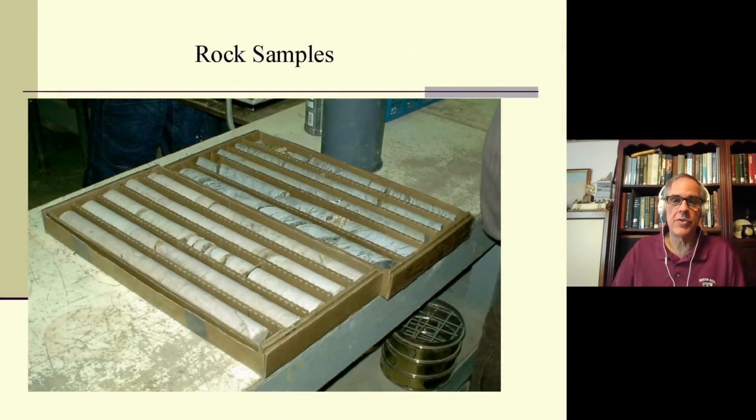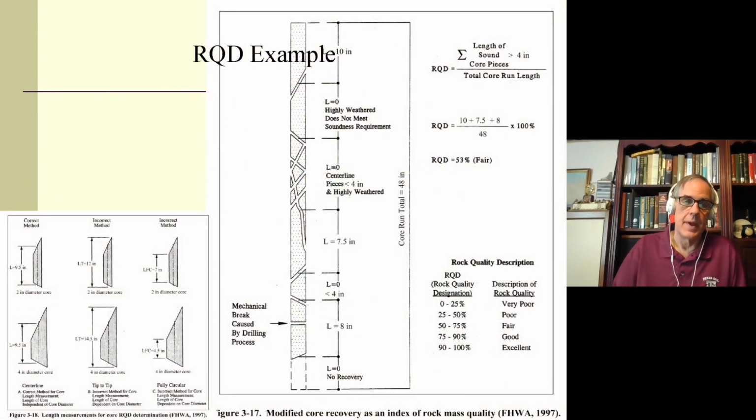Basically what you do is you take a tape measure and you measure along the length of these samples, down the center line. You don't measure down one side or the other, but you measure down the center line. And that's the first rule. Measure down the center line.